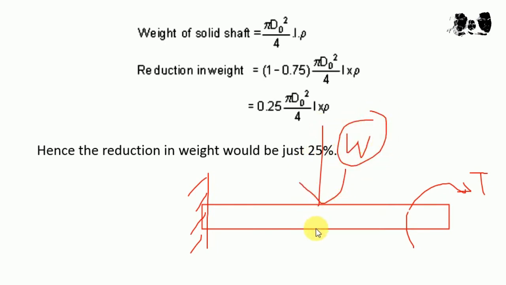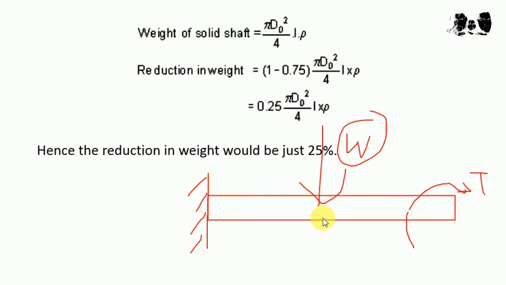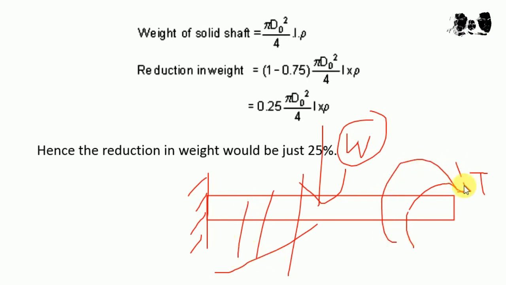So in that case we have a bending moment and torsion side by side simultaneously. In the condition where bending moment and torsion occur at the same time, how can we find the maximum shear stress and principal stress?